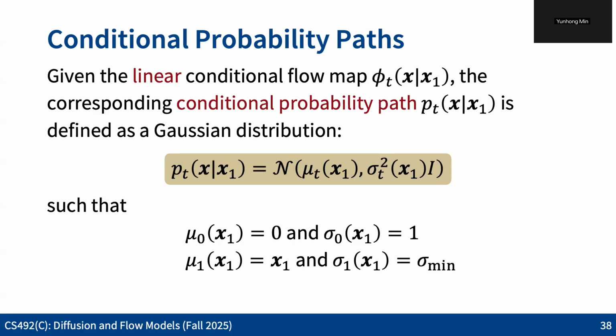Our variational diffusion model was defined in this way, with some conditions on the SNR for those two functions, right? While we are using new notations like mu and sigma, you can get the sense that those will be somehow identical to functions we have seen in the previous lectures.